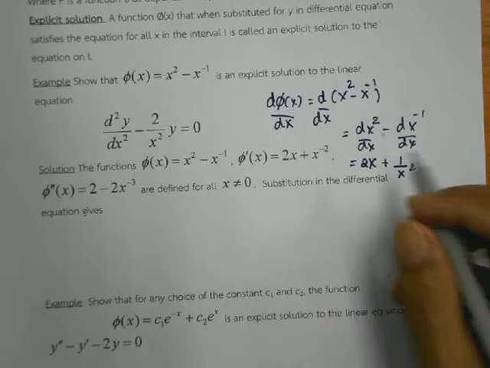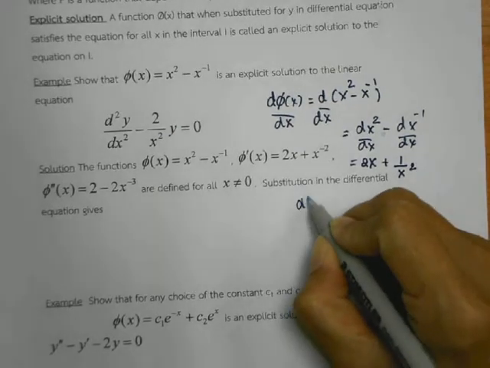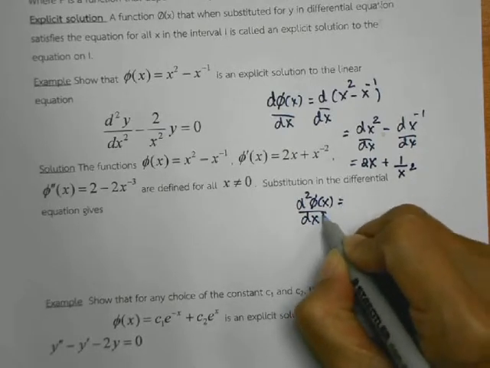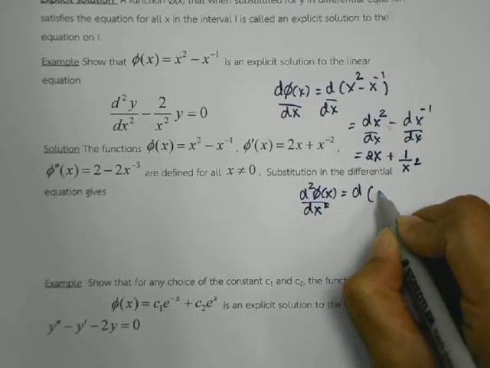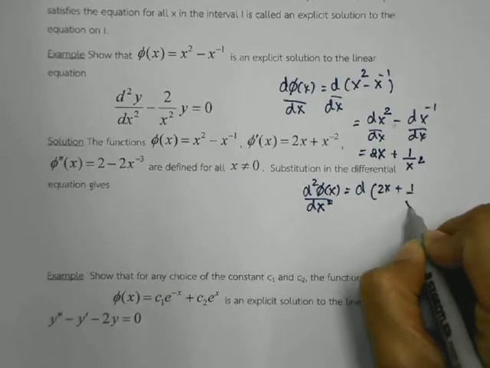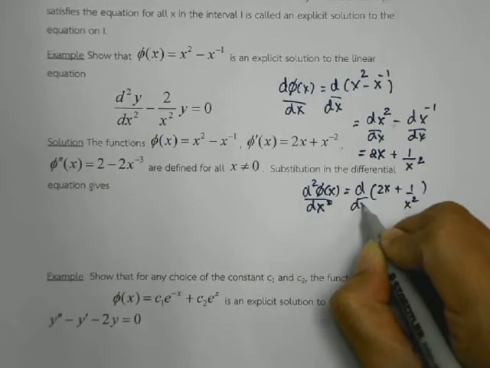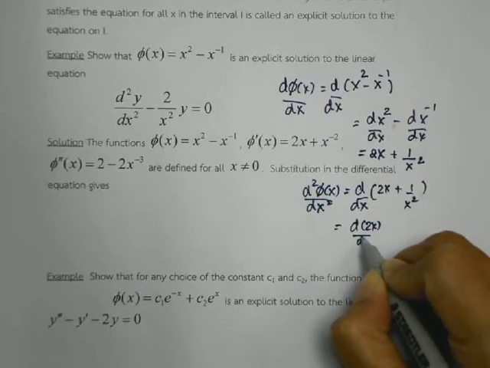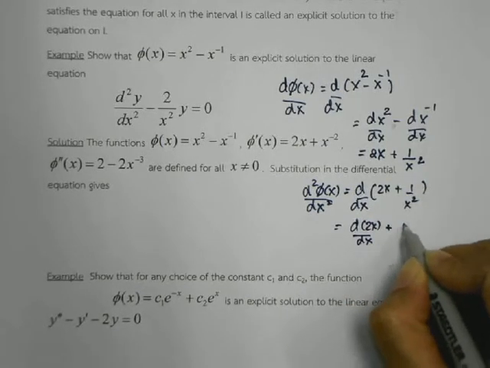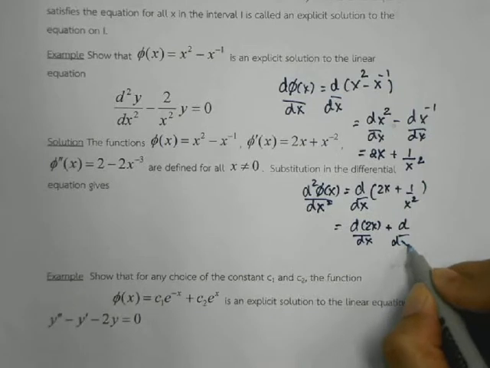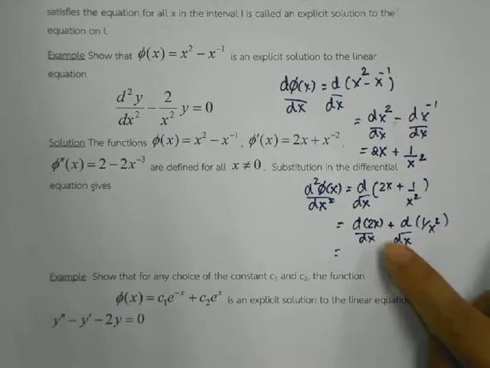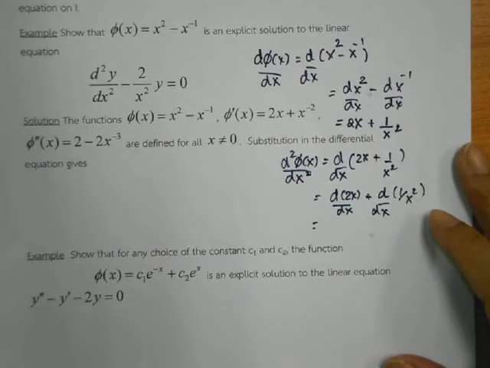And then you do it again one more time. This would equal d of 2x plus 1 over x squared by dx, which is equal to d 2x by dx plus d by dx of 1 over x squared. So the first term, what do you get? 2.